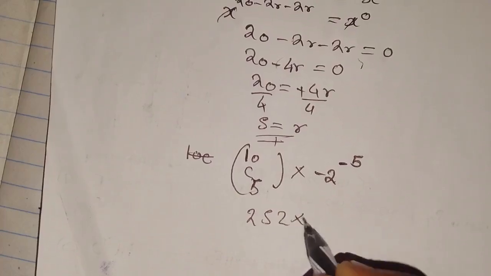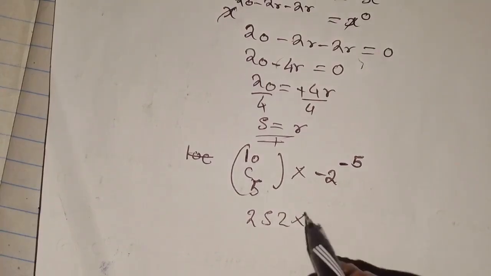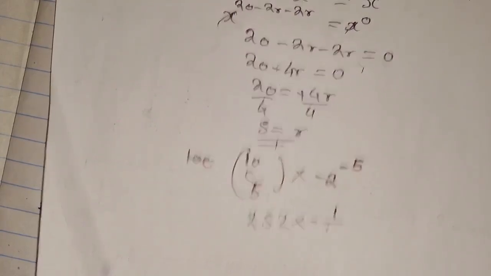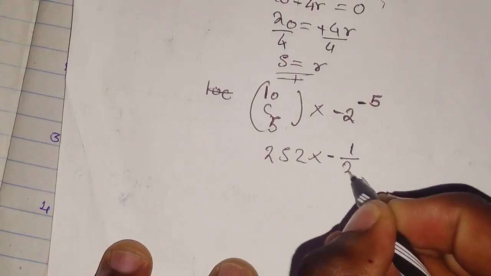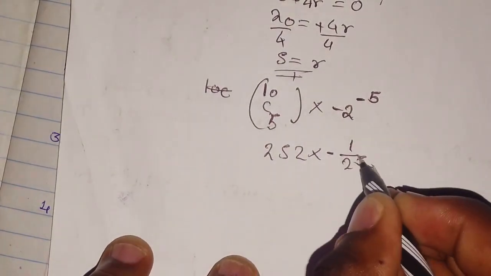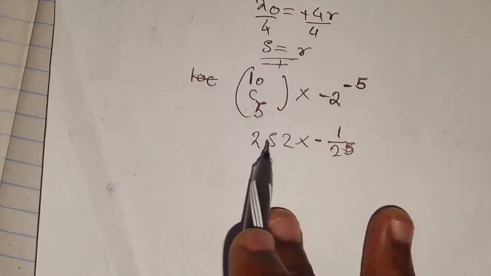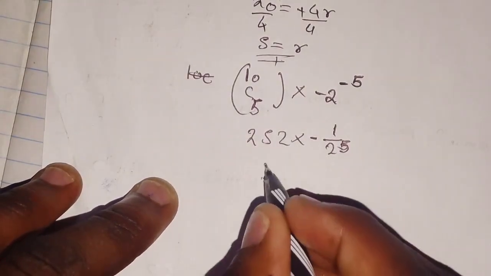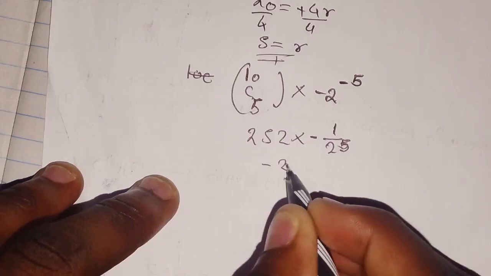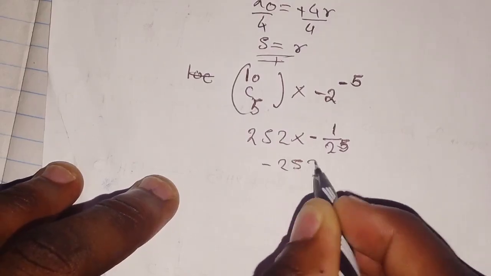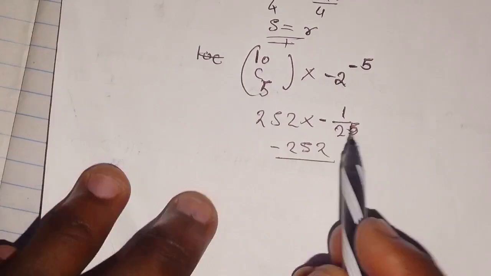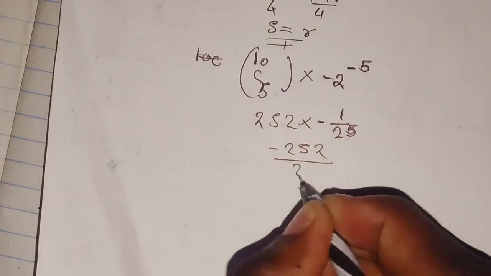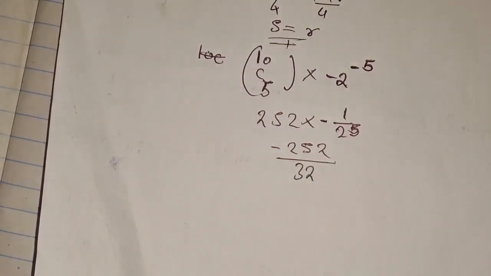252 multiplied by negative 1 over 2 to the power 5. So when you multiply, you're going to have negative 252 over 2 to the power 5. 2 to the power 5 will give you 32.